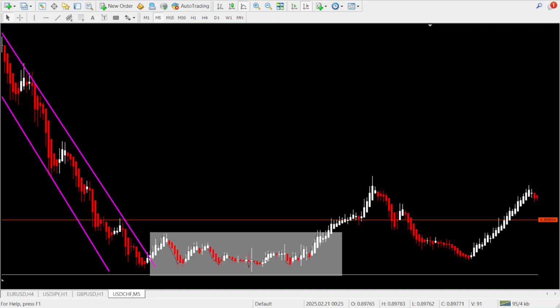If the bodies are small with long wicks, you want to be cautious before taking any trades when you find such. So the smoothness of Heikin Ashi candles makes it much easier to spot trends, which is essential for successful trading.